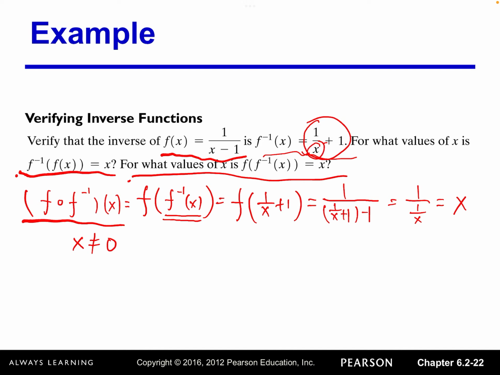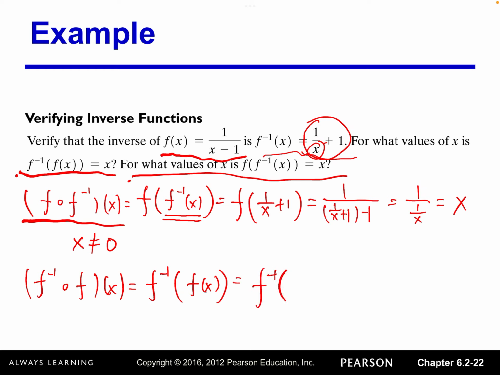All right, and then the other way around: what if the inverse is composed with the original? That means the inverse function is the outer function and the original function f of x is the inner function. We plug in the inner function by its definition, which is 1 over x minus 1, into the outer function, which is 1 over x plus 1.